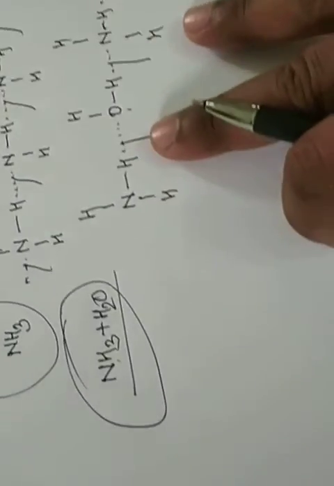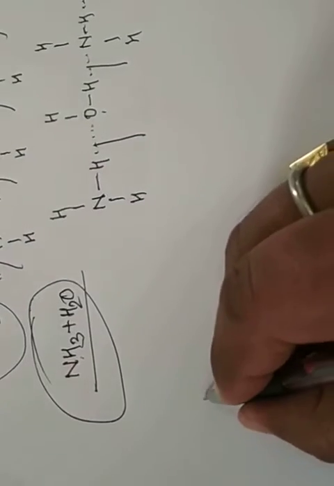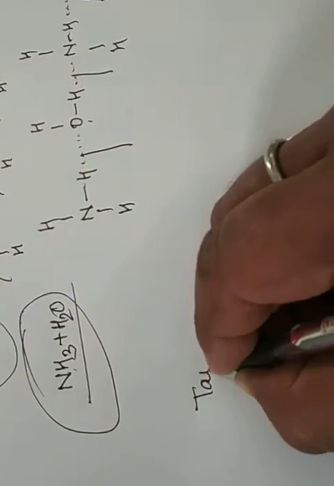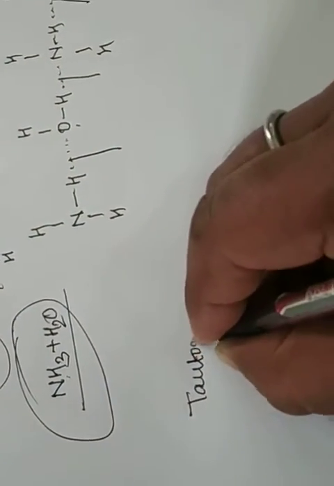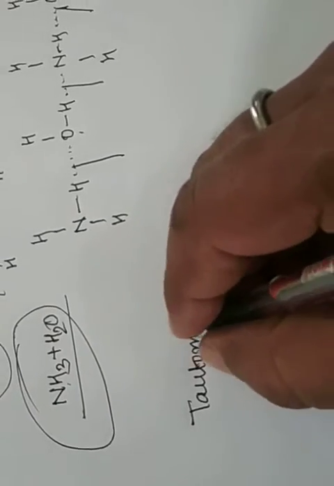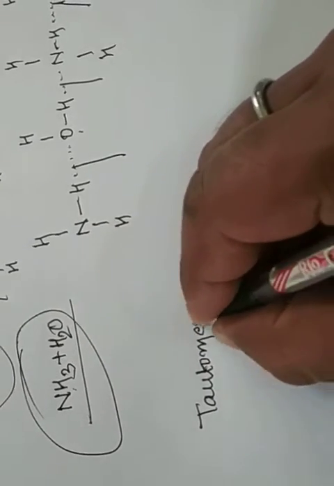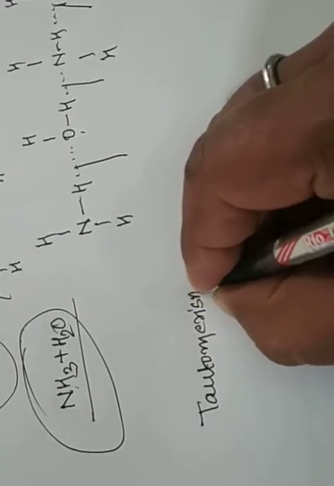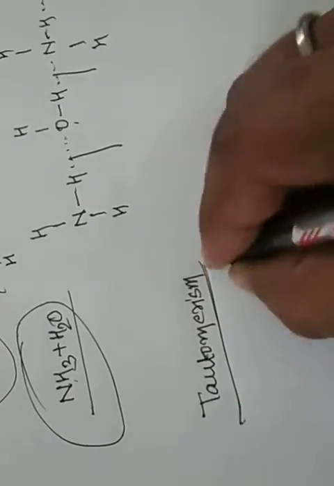Clear? 100%. Okay, now the main topic is tautomerism. This is the last topic of structural isomerism, and tautomerism is very important.